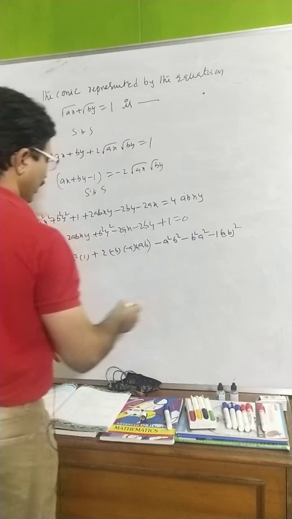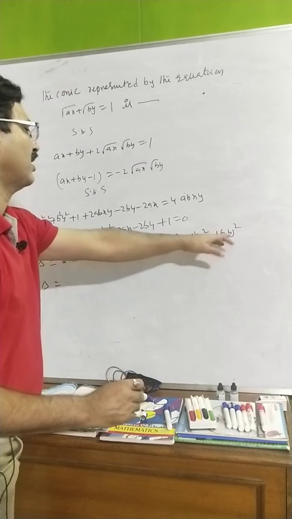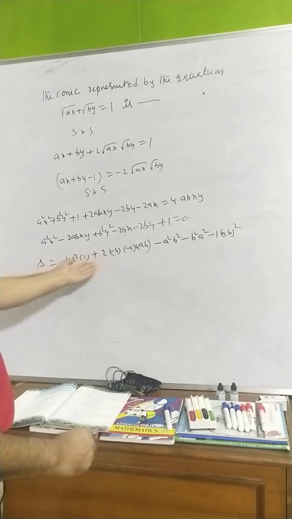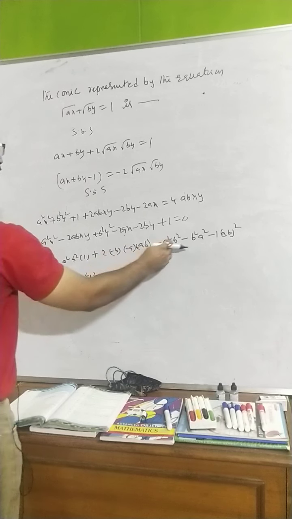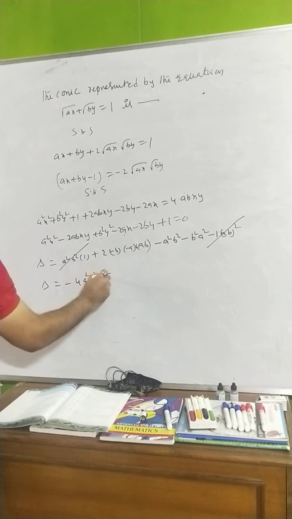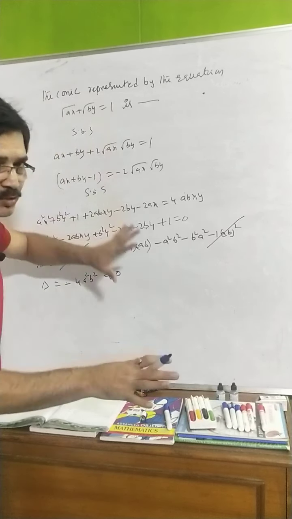After simplifying this one, you see there is ab square here, and here also 2ab square. Finally we get minus 4a square b square, because negative one gets cancelled and the remaining all are there. 4a square b square not equal to 0, confirm.